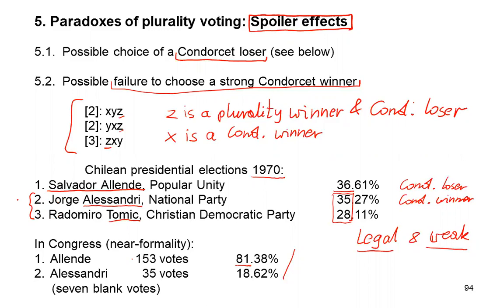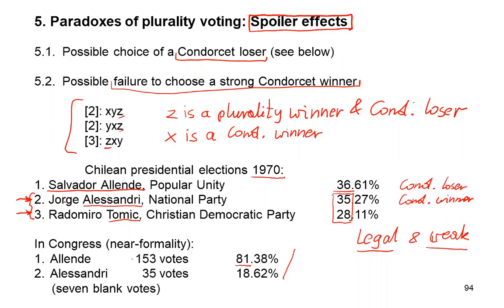So in this case, if we have something like that, then we call both candidates spoilers for the other candidate. So Alessandri was the spoiler for Tomic, because if he had withdrawn from the elections, Tomic would have become the president, and vice versa.